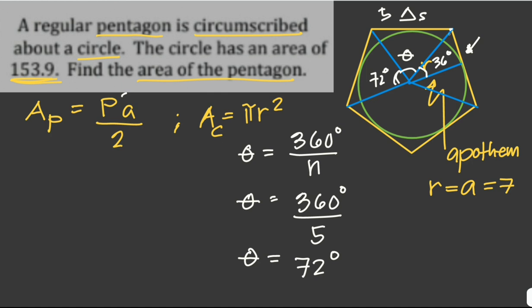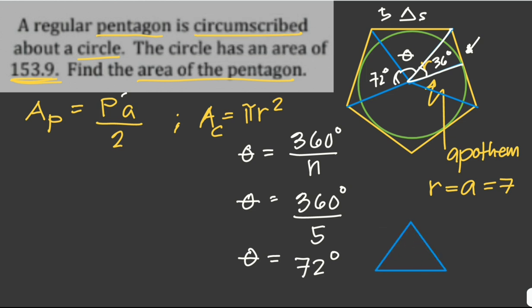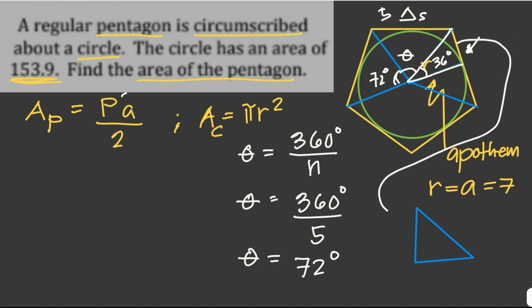And now we have this triangle here, which is a right triangle. So let me draw that here so it would be clear. So this is 36 degrees.